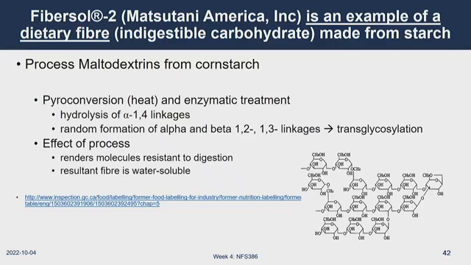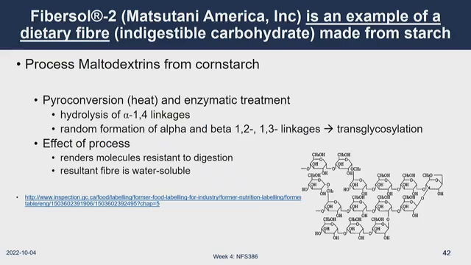These maltodextrins are long chains of sugars. They are hydrolyzed at alpha-1,4 linkages. So the long chains are cut at these linkages, and then there is a random formation of alpha and beta 1,2 and 1,3 linkages.